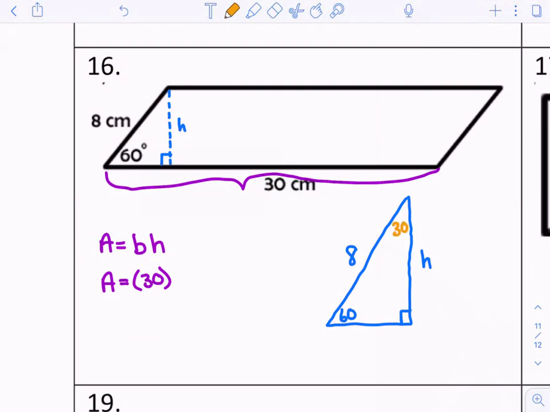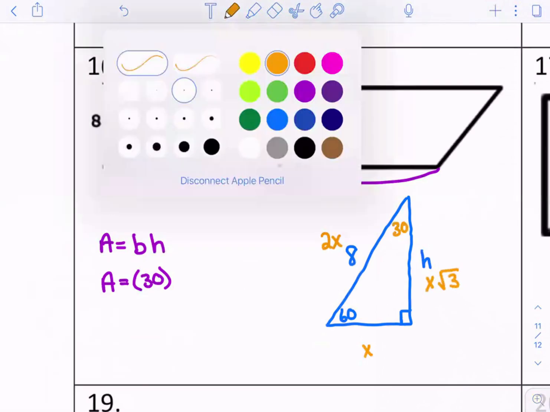And do we remember the rules? Well, one angle is twice the other. So we've always said opposite the 30 is x, opposite the 90 is 2x, and opposite the 60 is x rad 3. So let's see if we could fill in the pieces here.